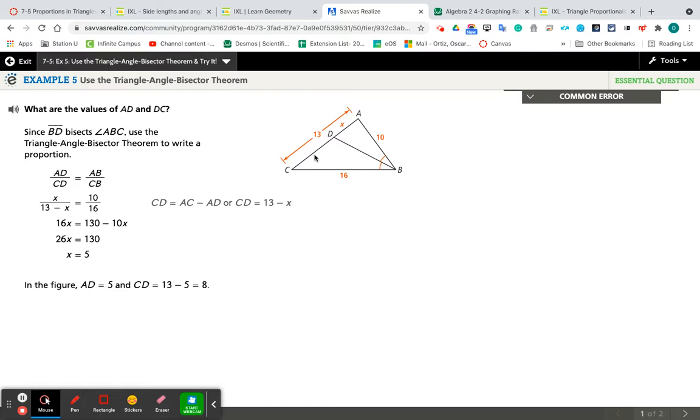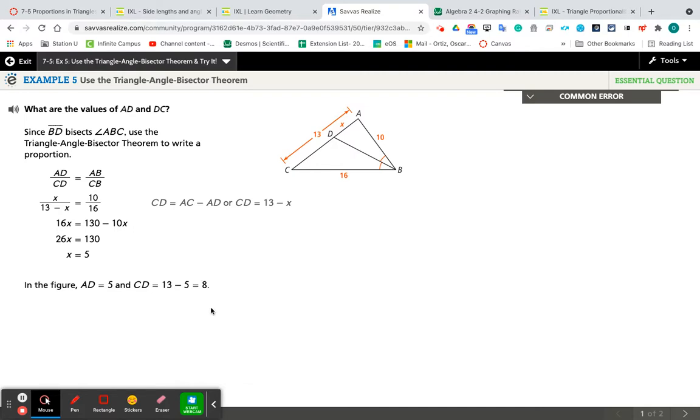So let's say that those two are at the bottom, and then AD and AB are at the top. After that, you just replace the information: x over 13 minus x equals 10 over 16. You cross multiply to get the equivalent equation, and that leads us to x equals 5.